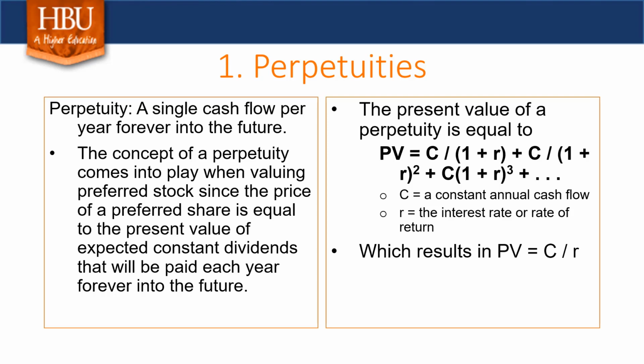So therefore, the present value of a perpetuity is equal to C, or that cash flow, divided by 1 plus that interest rate, and it's ongoing because remember, it's perpetual. This ultimately results in our present value is equal to our constant annual cash flow divided by the interest rate, or our rate of return.